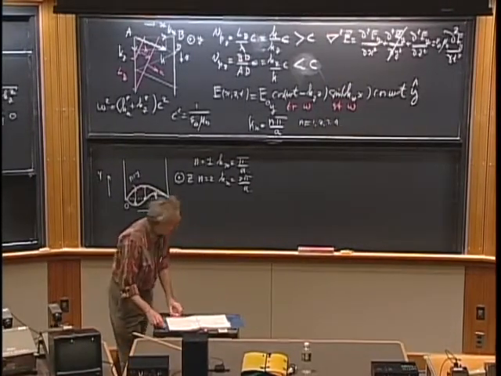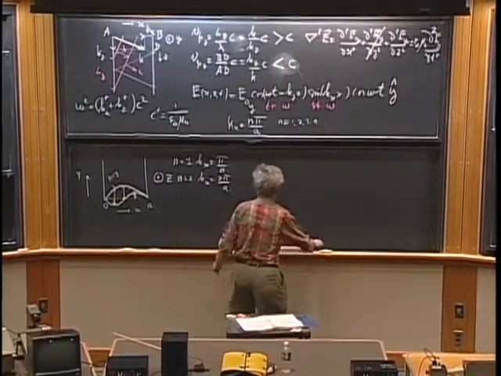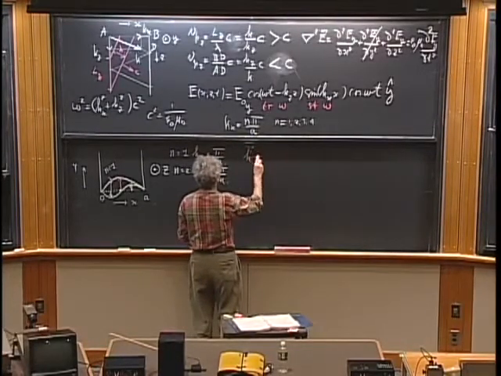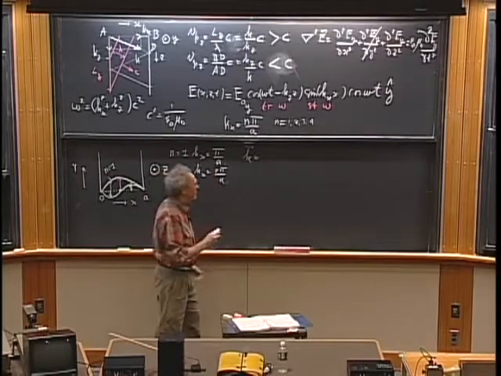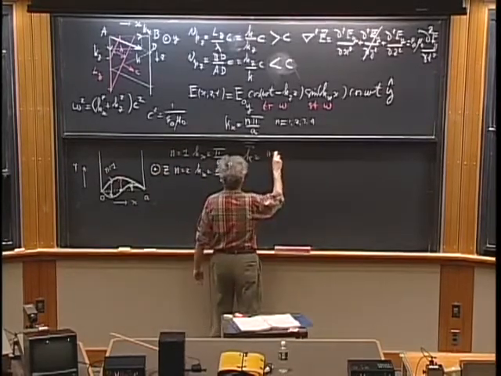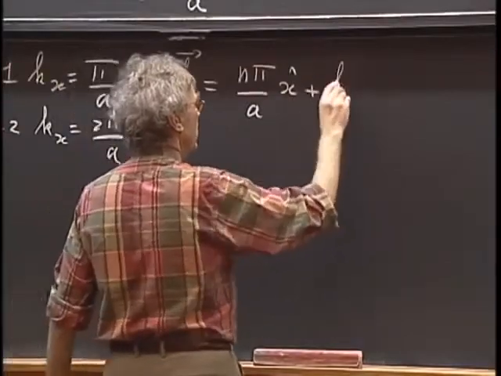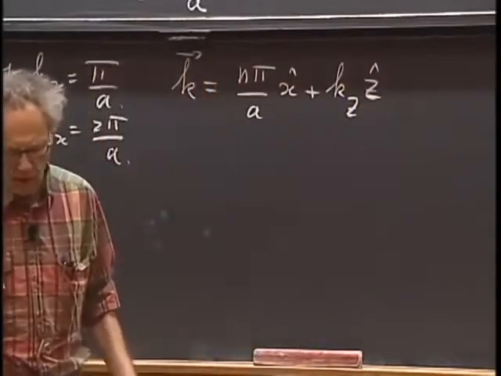So we can write down now the k vector. So the k vector now is kx times x, but kx is n pi divided by a in the x direction, and then I have a kz in the z direction, and there is no ky. ky is 0.